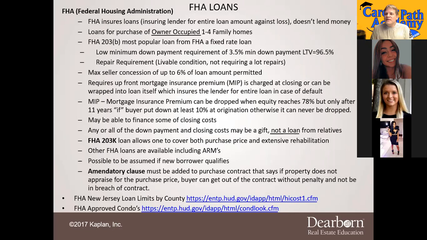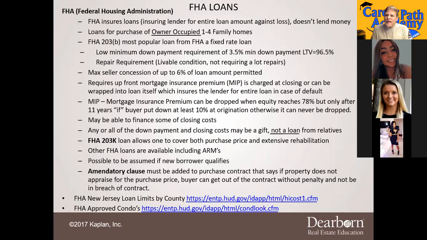MIP is that one-time upfront mortgage insurance premium that you have to pay. But in addition to that one-time upfront MIP, you'll also have to pay a monthly premium. The MIP can be dropped only when the equity reaches 78%. So basically when you've paid off 78% of the property, that's the only time you could drop it. Kind of the opposite of PMI, right?